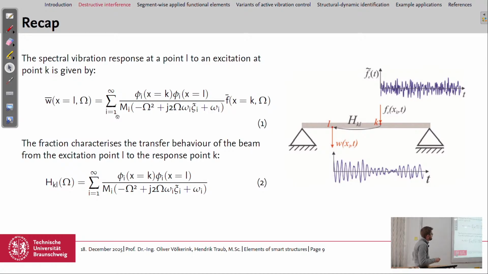A short recap from the last lecture, even if it was only a few minutes ago. We had this equation where we can translate or project a spectral excitation at point K with this sum of fractions where the distinctive mode shapes I, in this case, at point K and then point L are in.